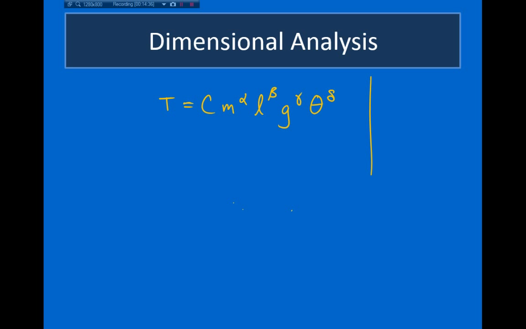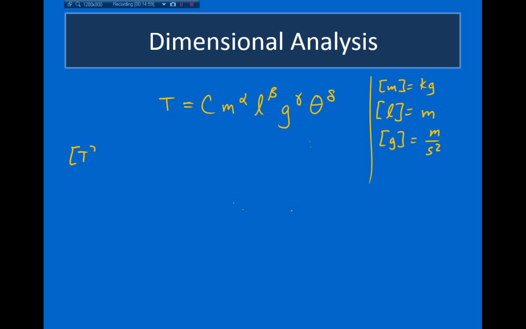Now remember that we know that units of mass are kilograms, the length of the string has units of length, meters, and the units of G are meters per second squared. So the right side has to have the same units as t, which means units of time.